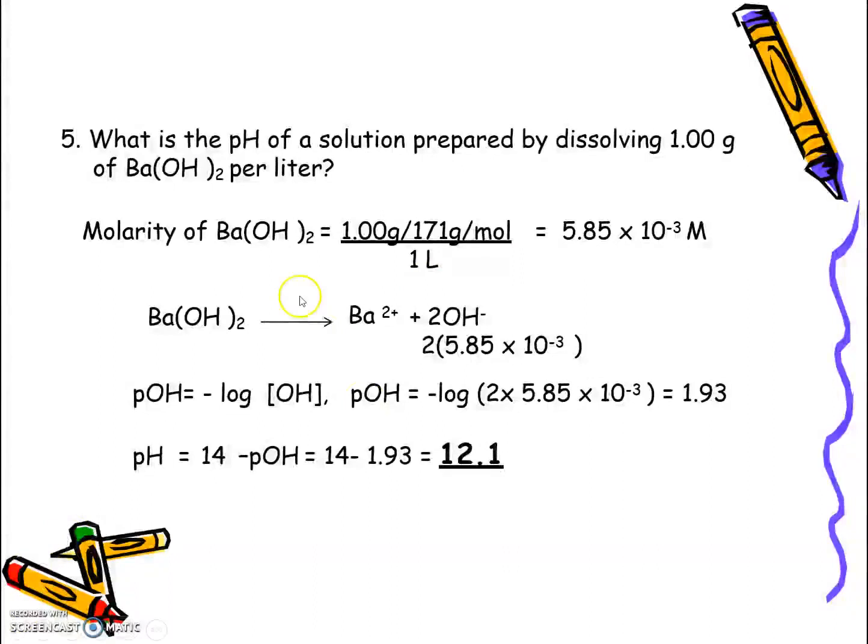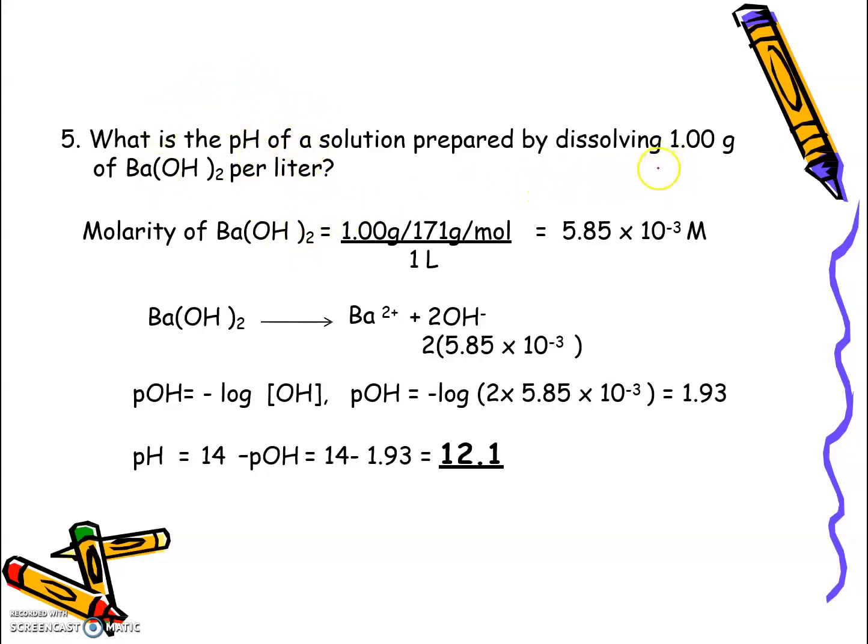So this question: what is the pH of a solution prepared by dissolving 1 gram of barium hydroxide per liter? To find pH, you have to know the concentration or molarity.